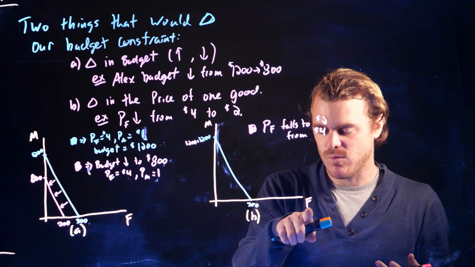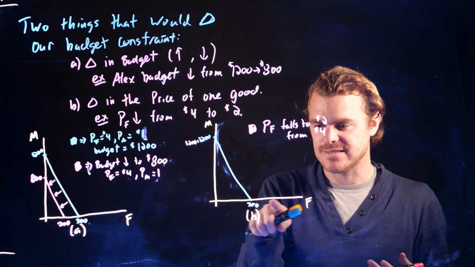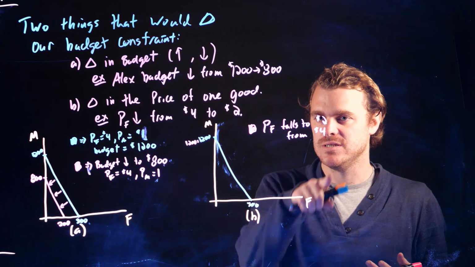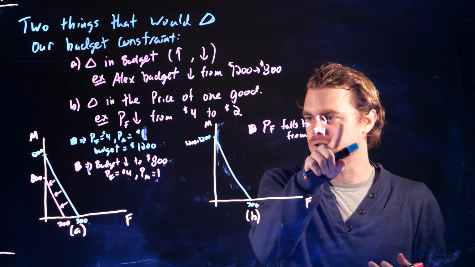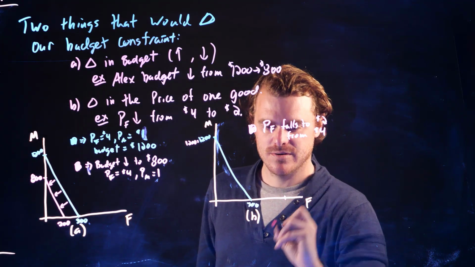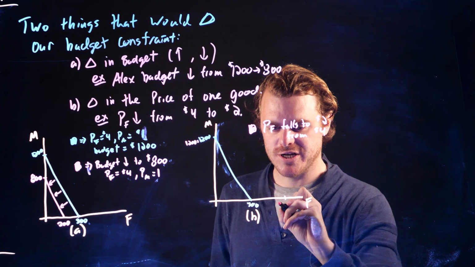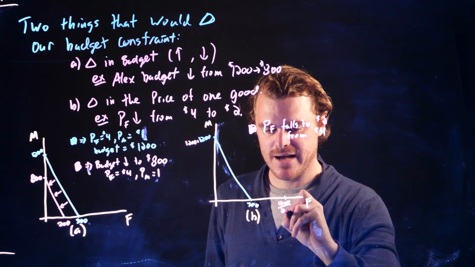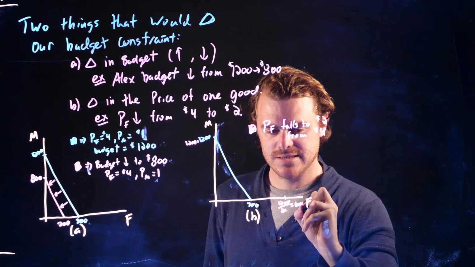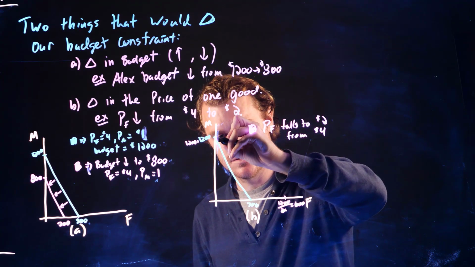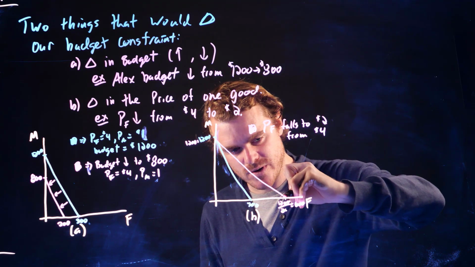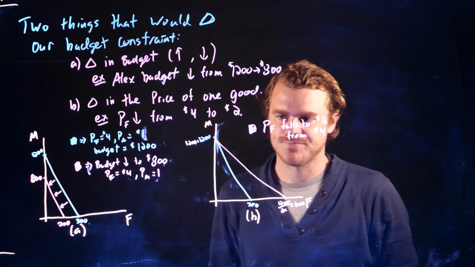But now let's think about what our intercept on this x-axis looks like, where we're counting the number of fish. Well, the price is now $2, and to figure out what this intercept is, we're going to take our whole budget, 1,200, divided by $2 is equal to 600. So now, this is what our budget constraint looks like.